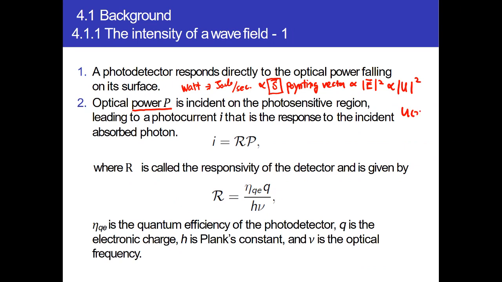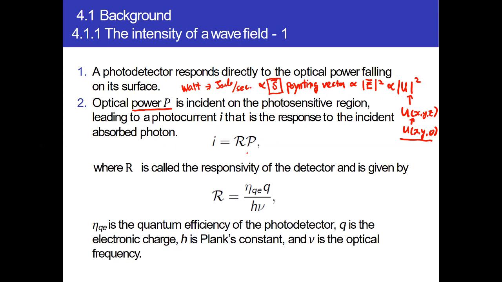Eventually what we would like to do is find out U at the arbitrary point x, y, z for the given U at x, y, 0. From this, we want to calculate the pattern. So optical power is incident on the photosensitive region, leading to a photocurrent I that responds to the instant observed power.